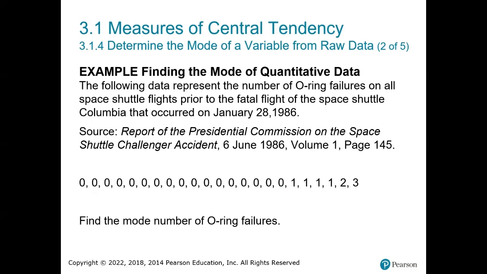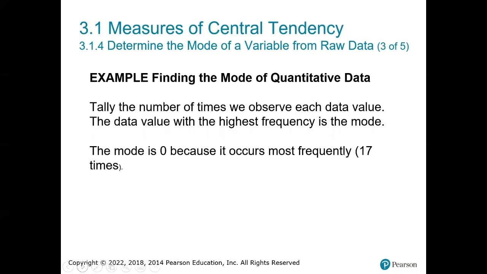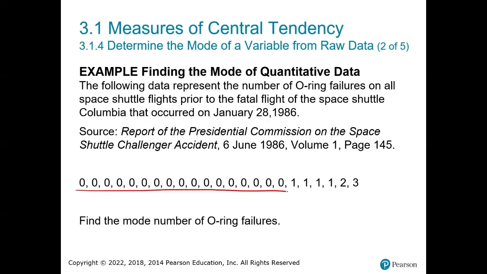All right, find the mode number of O-ring failures. Well, what number occurs the most? Okay, I would tally it up if I wanted to, or visually I can really see this here. 0 happens the most frequently. These are all zeros. There are way more zeros than any other value, so the mode is 0.